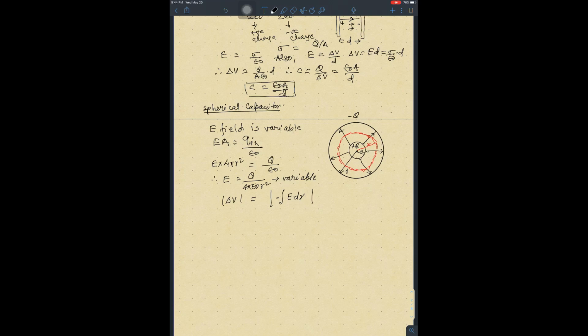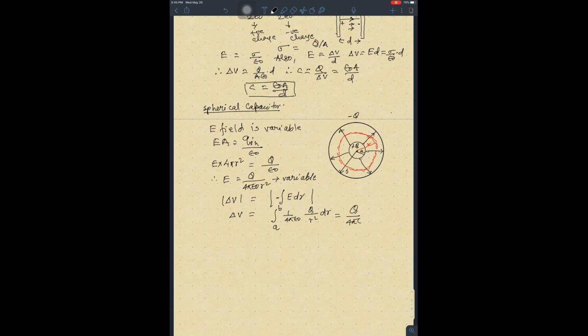So delta V is equal to the integral of 1 by 4 pi epsilon naught, the value of E, Q by R square dr. The limits of r are from A to B. So what value are we getting?